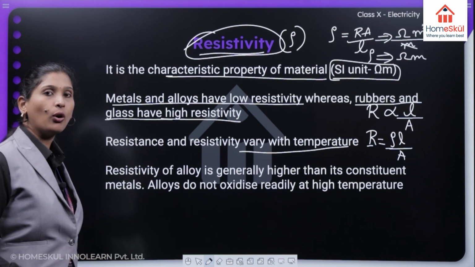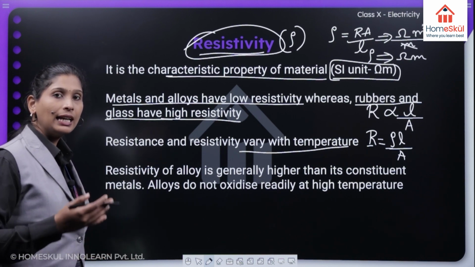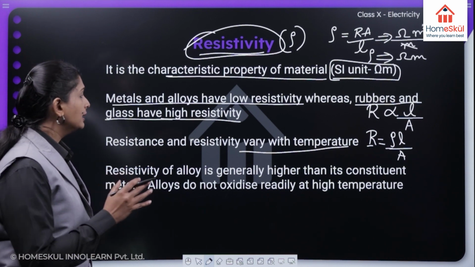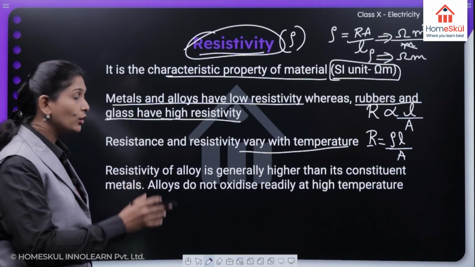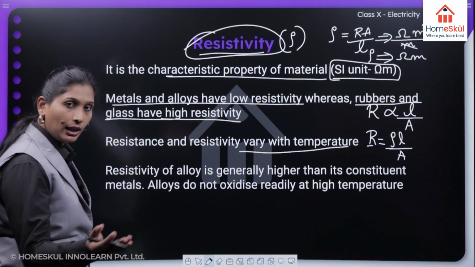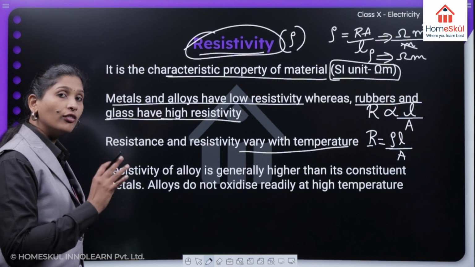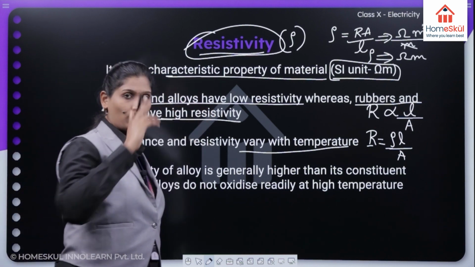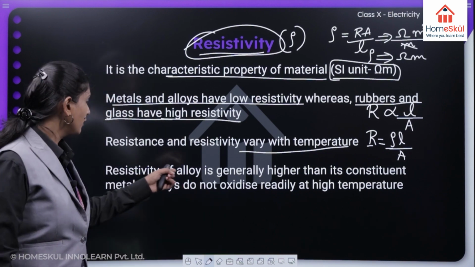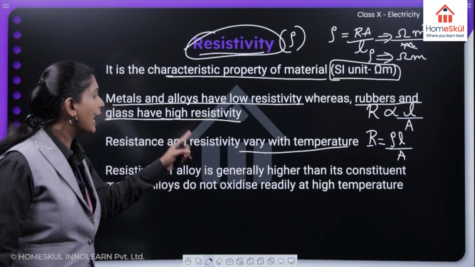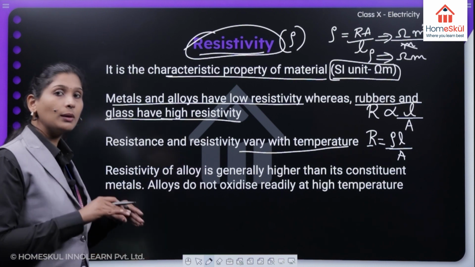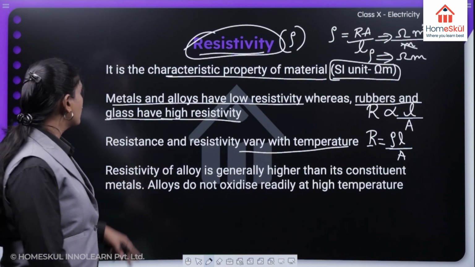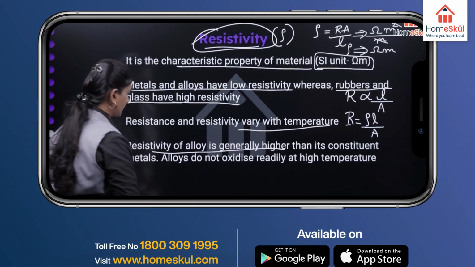If you consider nichrome, nichrome is an alloy of nickel, iron, chromium, etc. When we compare the resistivity of nickel, iron, etc. separately, their resistivity is less compared to the resistivity of nichrome as such. The resistivity of an alloy is higher compared to the metals with which the alloy is made.